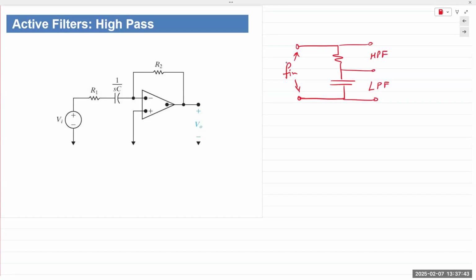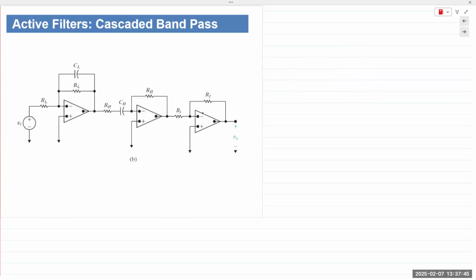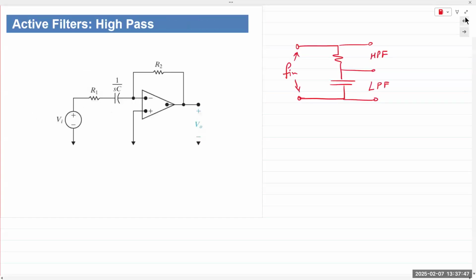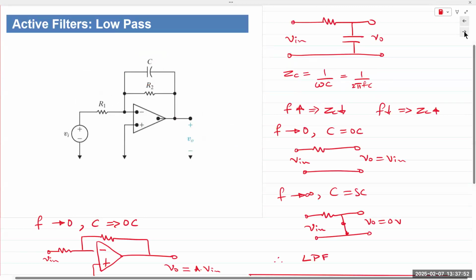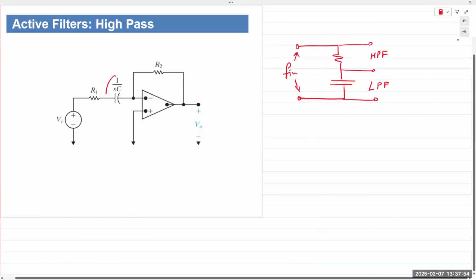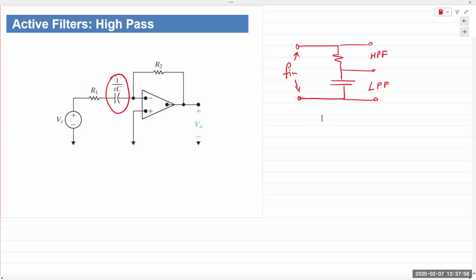So in the low pass filter, we had the capacitor in the feedback path right here. Here, it's in the input path. So as the frequency increases and tends towards infinity, capacitor behaves like a short circuit.